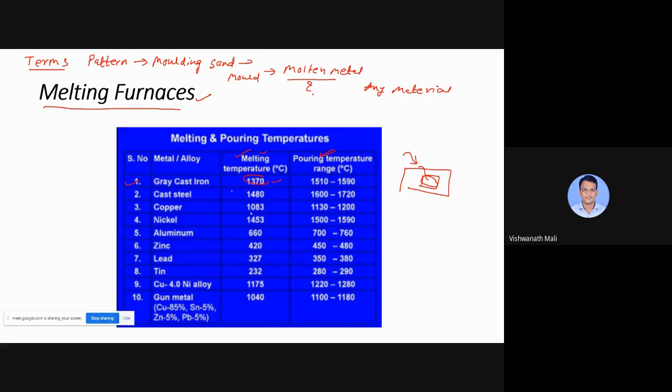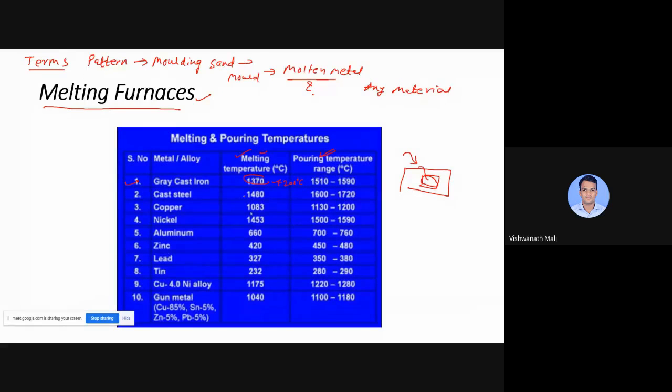You can see different examples. For gray cast iron, the melting temperature is 1370 degrees Celsius, but we need to heat about 200 degrees Celsius more. Here you can see 1510 and 1590 degrees Celsius.